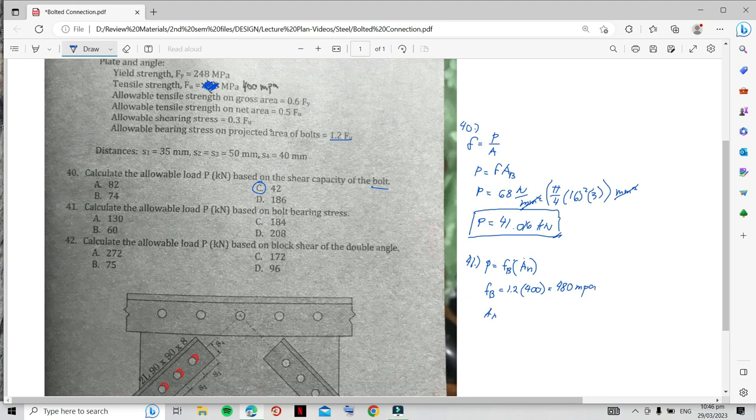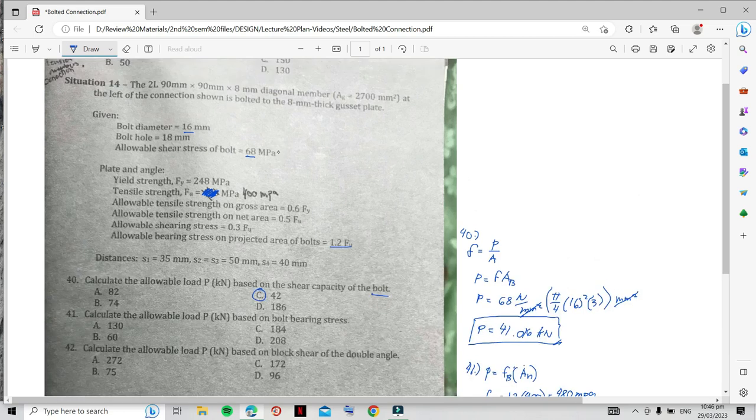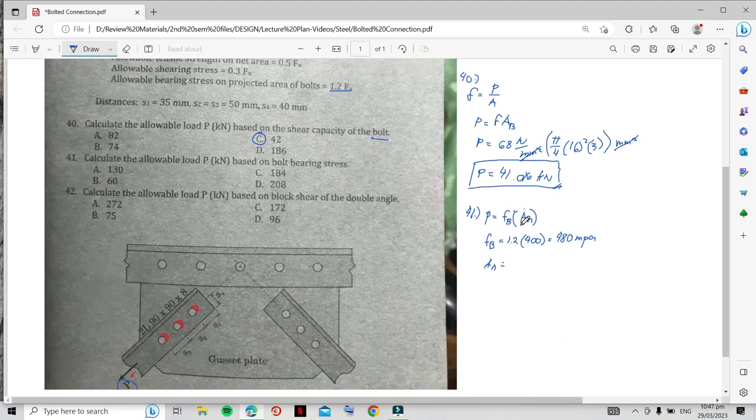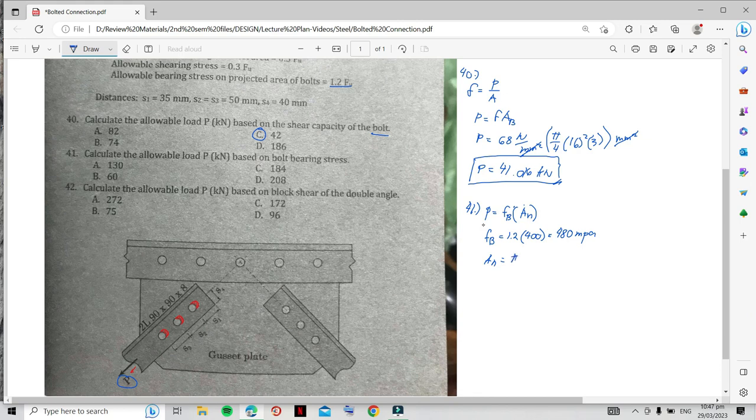And the area of the hole, this is the bolt hole diameter, 18 mm. So basically this is pi over 4 times 18 squared times the number of holes, which is 3, equals 243 pi mm squared.